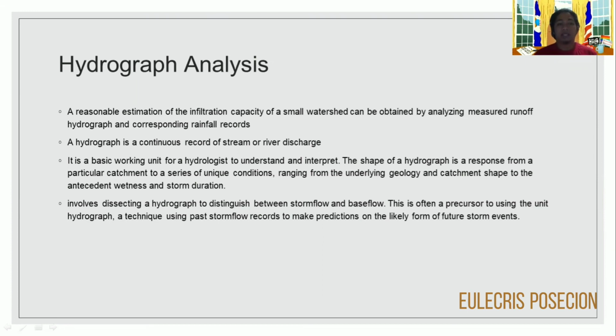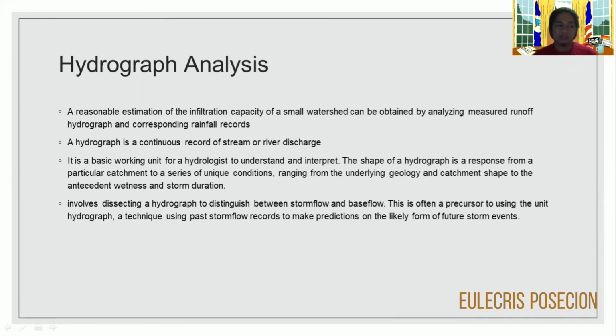Hydrograph analysis involves dissecting a hydrograph to distinguish between storm flow and base flow. This is often a precursor to using the unit hydrograph, a technique using past storm flow records to make predictions on the likely form of future storm events.